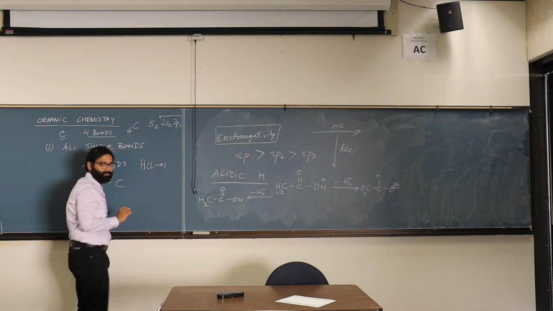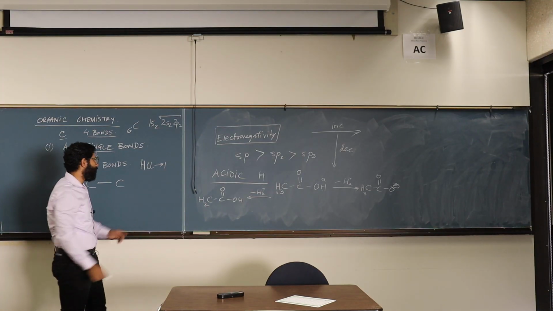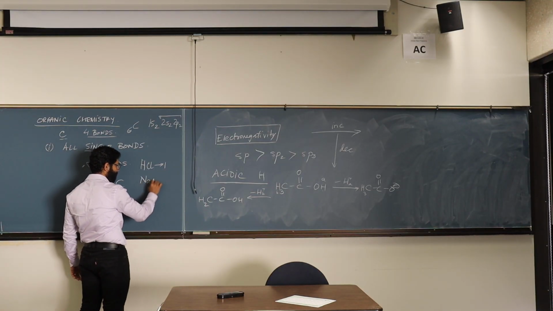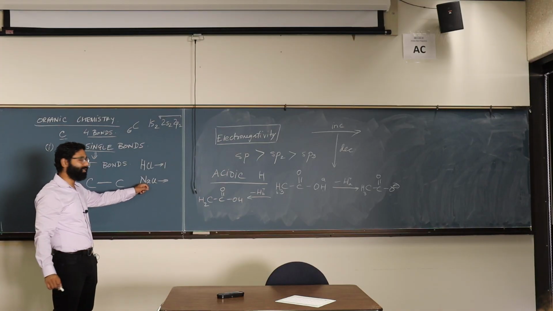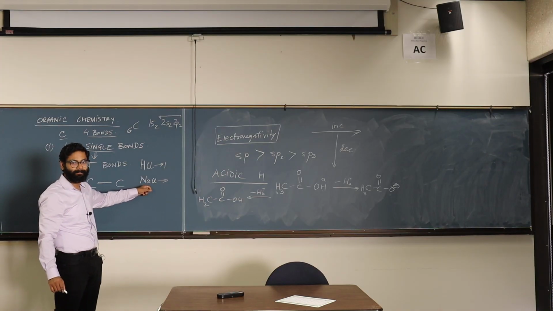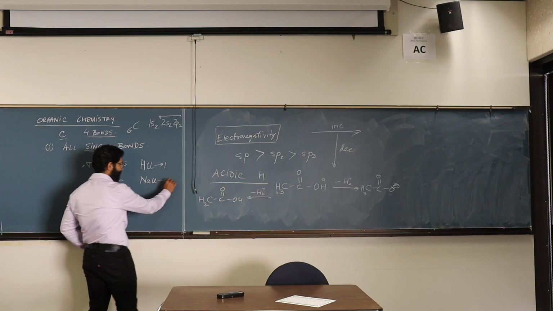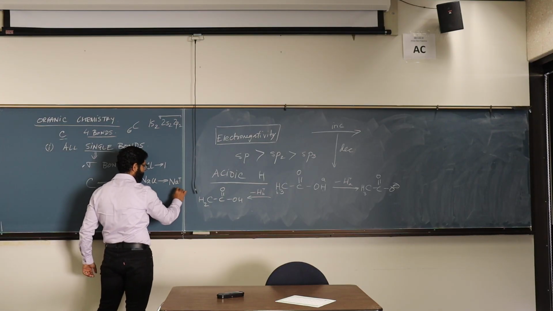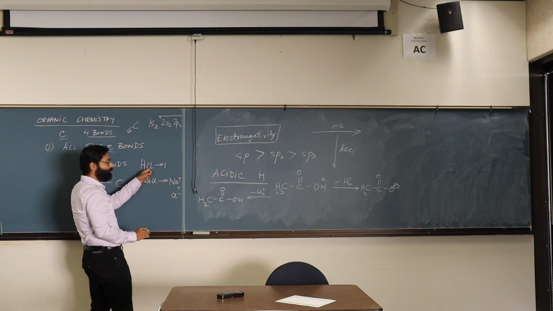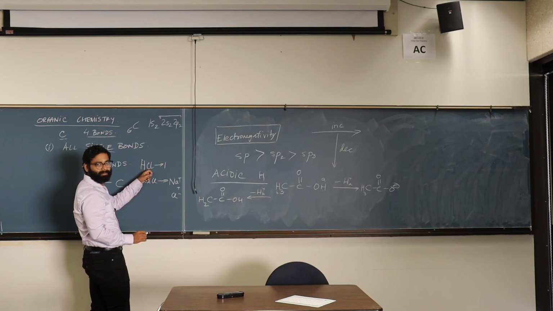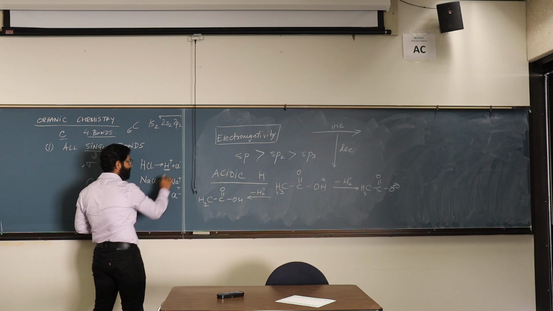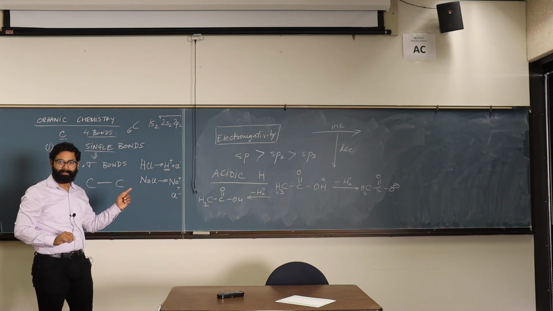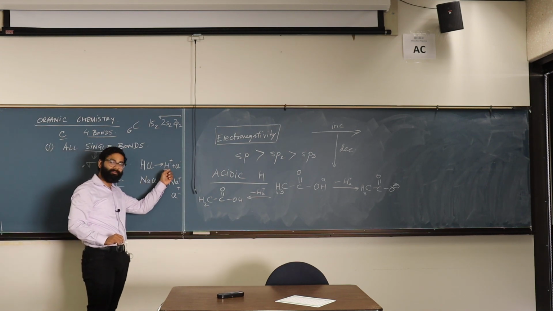Or not? When a salt breaks, what do you get? When this thing dissociates, what do you get? Na plus Cl minus. Yes. So when you dissociate HCl, what do you get? H plus and Cl minus. What is this? This is the proton. This is the seat of all acidity.